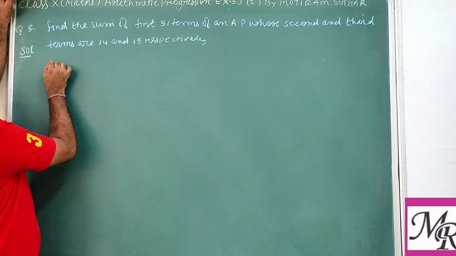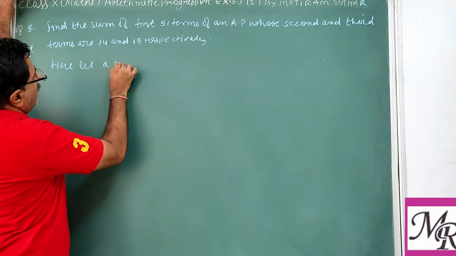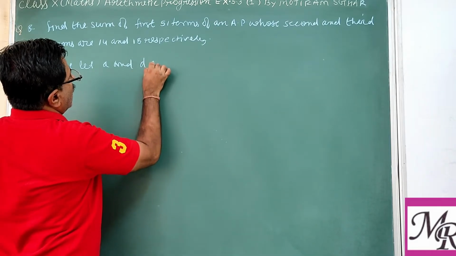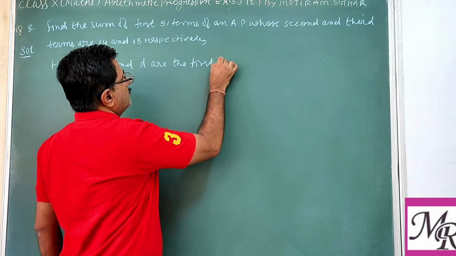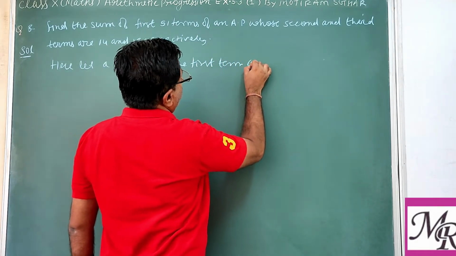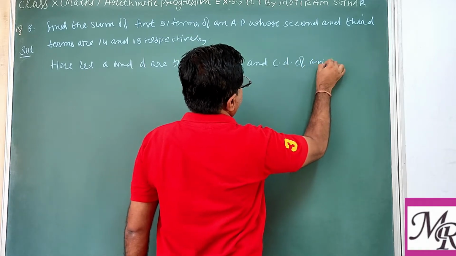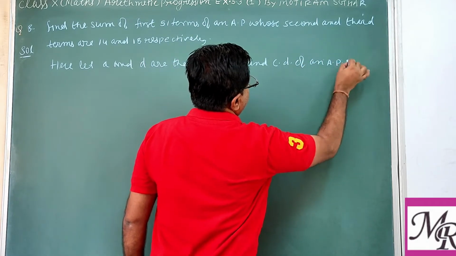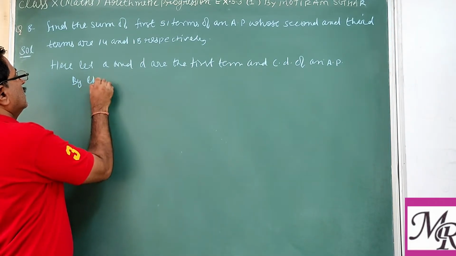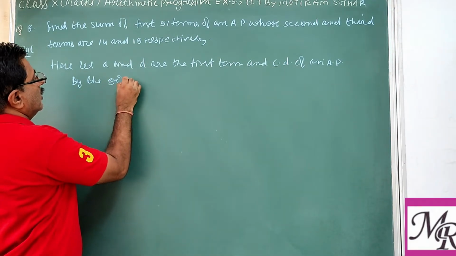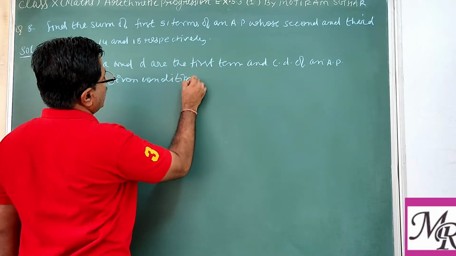So in the solution, we write here, let a and d be the first term and common difference of an AP. So by the given conditions, what do we have?